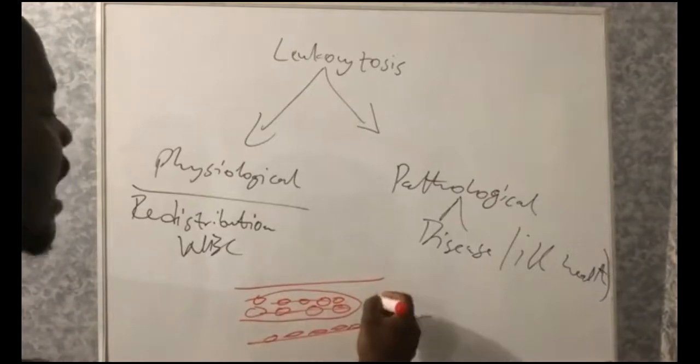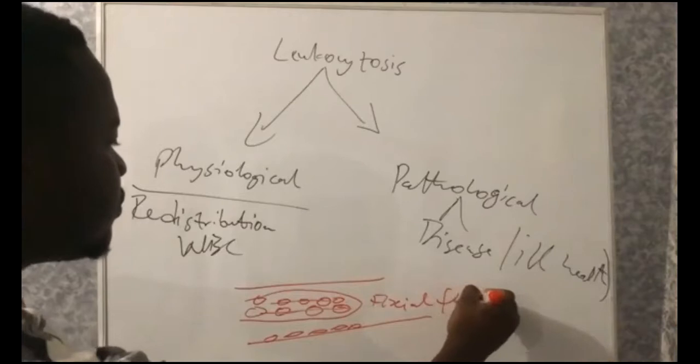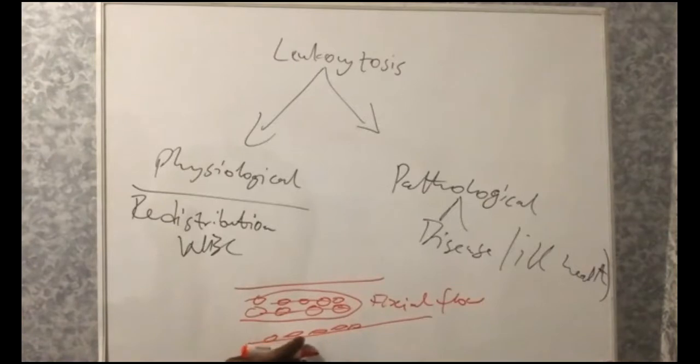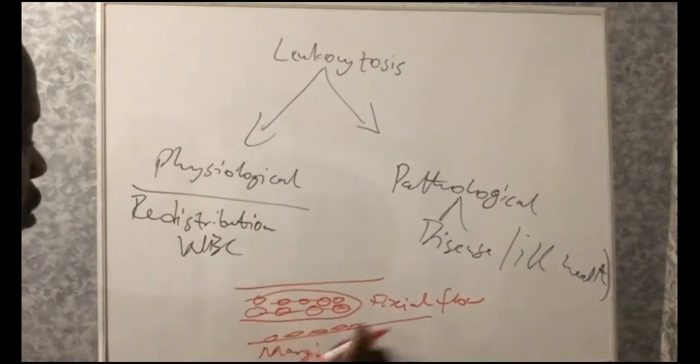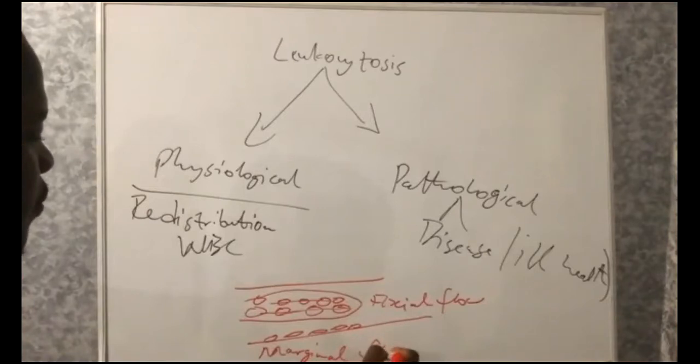That flow is called axial flow. And the blood that is close to the wall of the vessel, we call it the marginal flow.